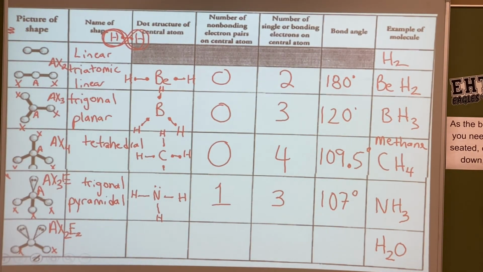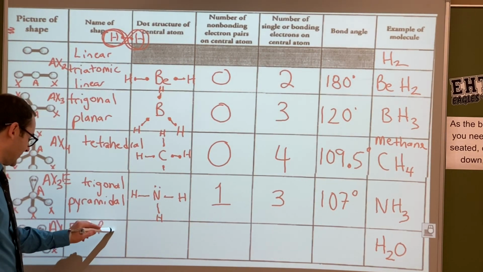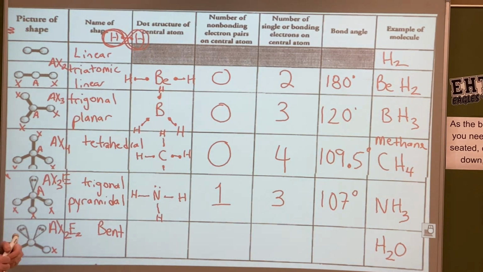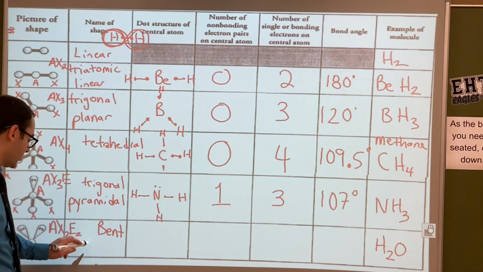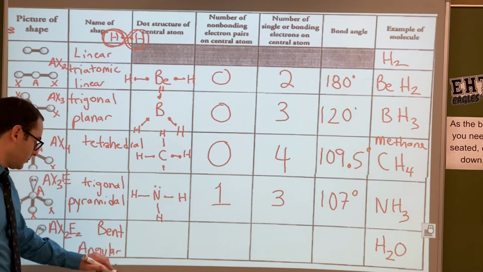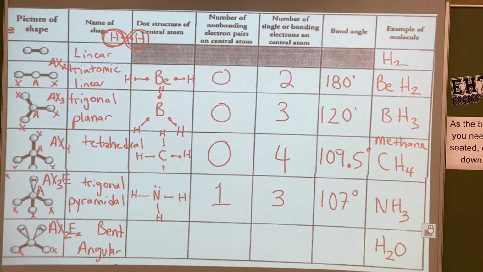If you were to compare the 2 shapes, linear versus, okay, that's okay. Non-linear, not straight, but what is it? It's bent. If you want to sound fancy, you could call it angular. But bent is fine for this one. It is bent.